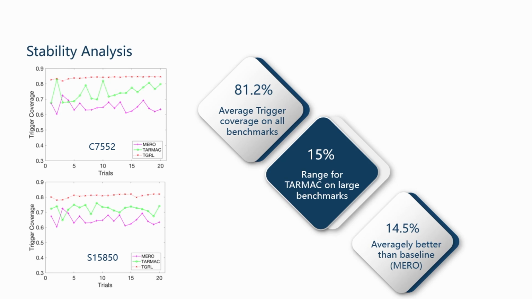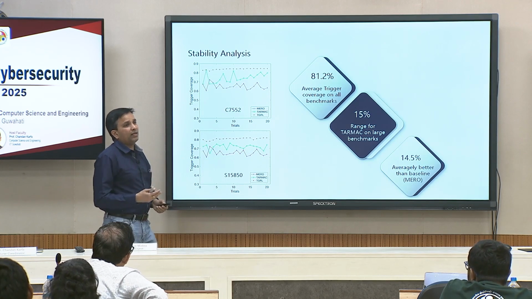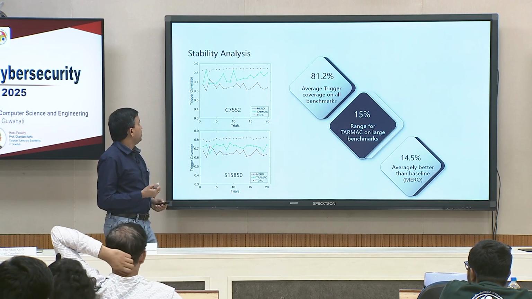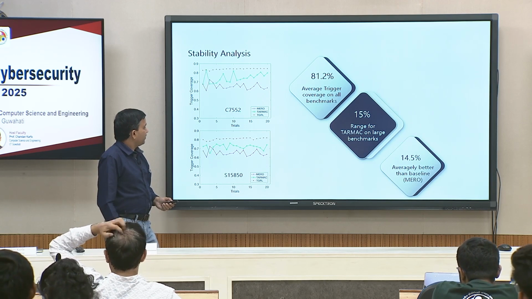No matter what seed you start with, if it gives you the same result, it could be bad or good, but when it oscillates or moves around the coverage or any metric, that is not a good idea. In this particular scenario, reinforcement learning first provides better coverage, and second, the coverage is stable across different trials. So for any AI algorithm, there are many things people look at, and one of them is robustness, the stability of your algorithm with respect to different variations.